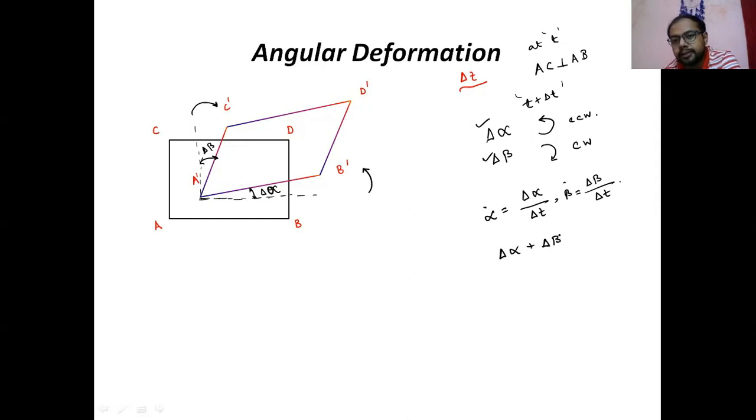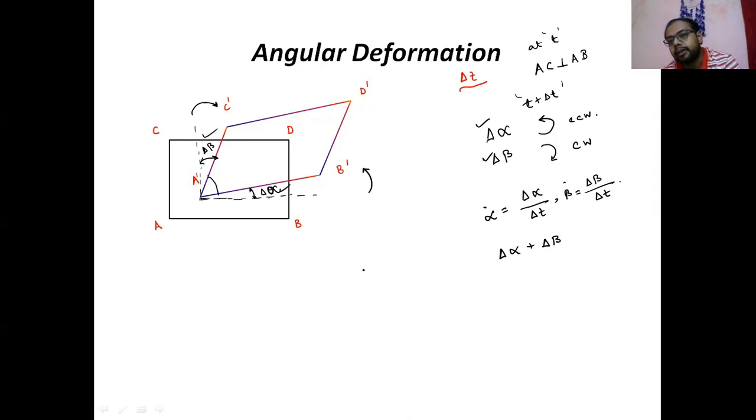That is the angle change. Previously it was 90, now it is moving along counterclockwise, it is moving along clockwise. So net angle is 90 minus del alpha, del beta. Previously it was 90, now it is 90 minus this. So change is del alpha plus del beta. There is a change.